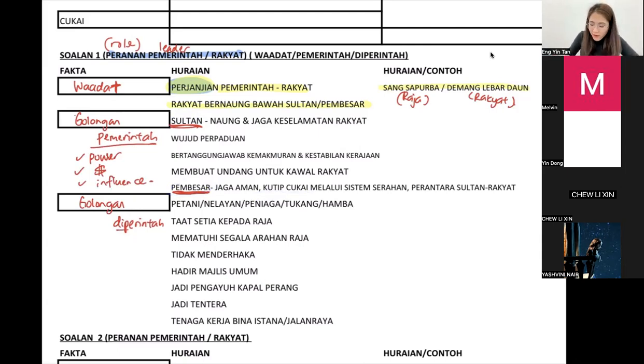Golongan diperintah. Already say diperintah, you learn ayat passive, ayat active, kan? So diperintah means being controlled. Being controlled means what? You follow instruction. You are the follower. Everybody clear with the golongan pemerintah and diperintah?